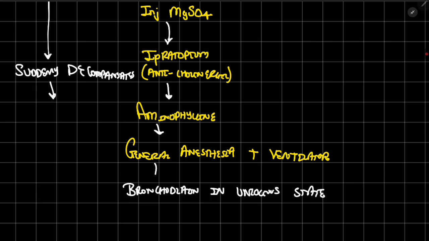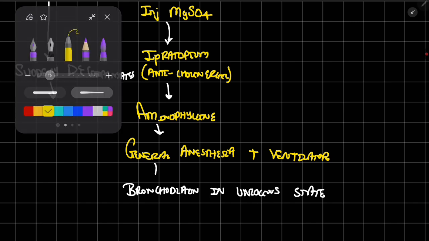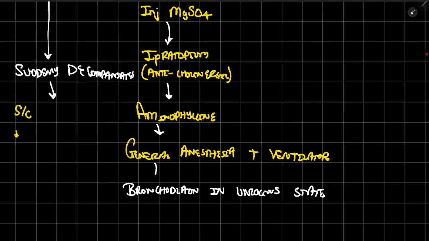What should we give? In this case, remember we have seen that beta 2 agonists are given by oral route, subcutaneous route, inhalational route, and IV route. So two routes are important here, subcutaneous and IV. We have seen which subcutaneous injection? Yes, terbutaline.